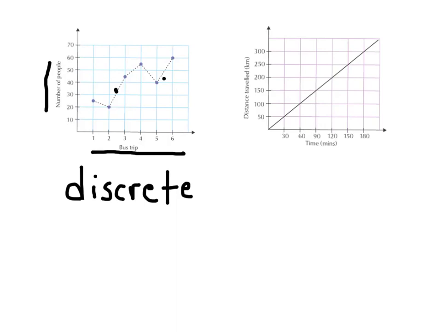Okay, what about the second graph on the right? Here we're looking at the distance traveled in kilometers over time in minutes. Okay, this is an example of a continuous graph. Because as time goes by, this graph is showing that distance is being traveled. And you can pick any point along this graph and it would have meaning.